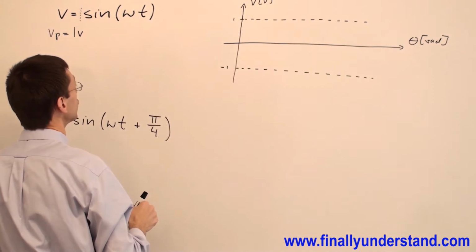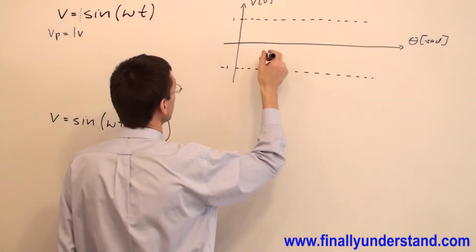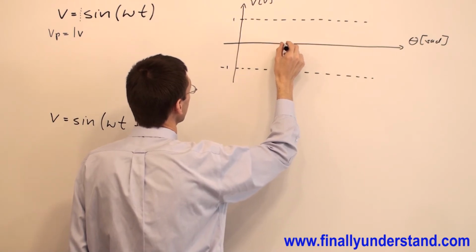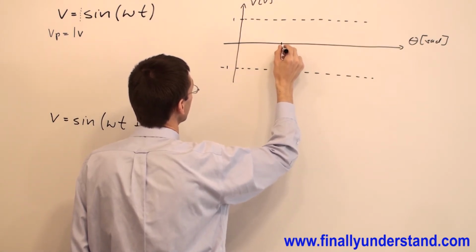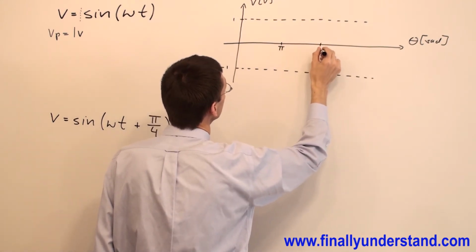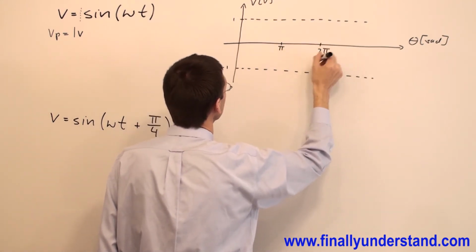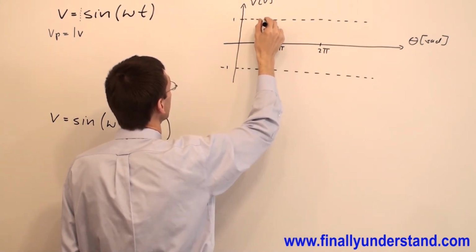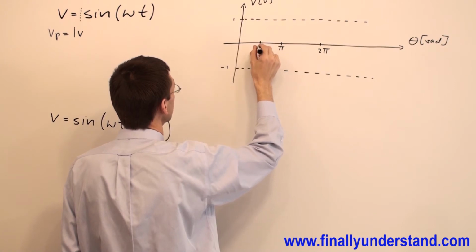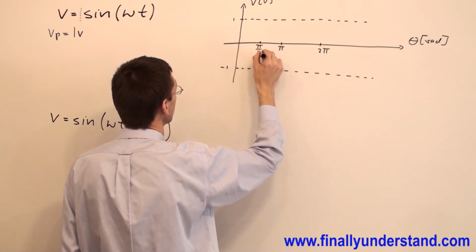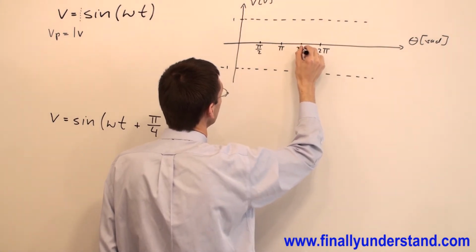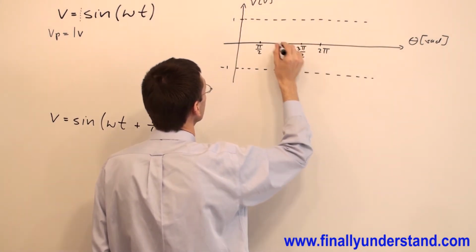Next, I'm supposed to draw the sine wave. Remember, we have very important points on the sine wave. There are, you can say, pi, and this is 2 pi. Also, the peak voltage is always going to be at pi over 2, and another peak is going to be at 3 pi over 2.